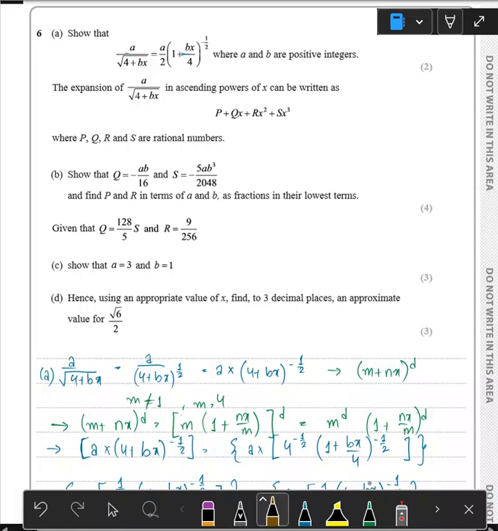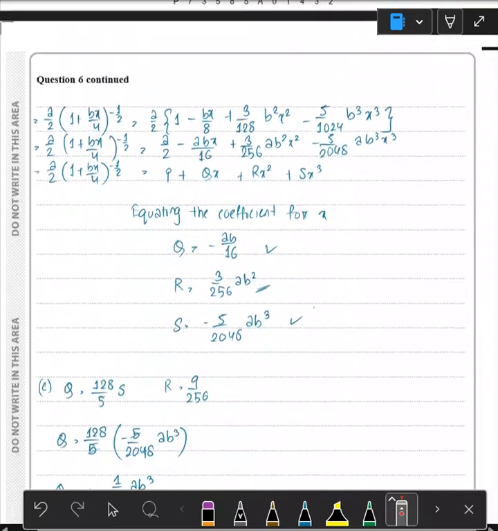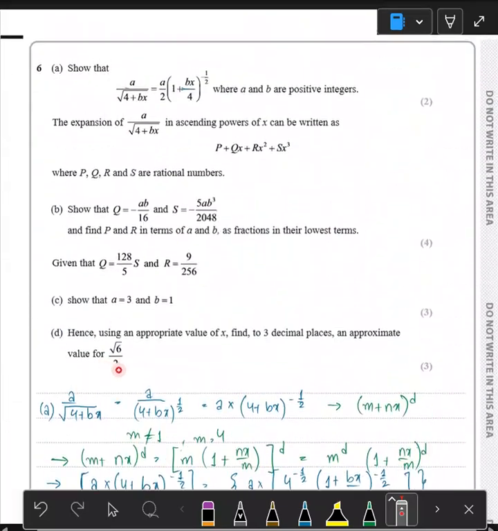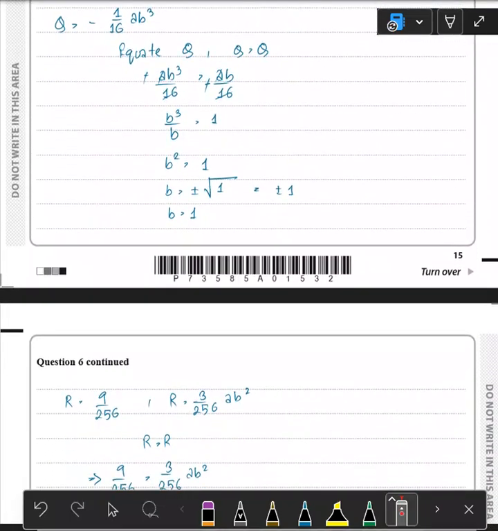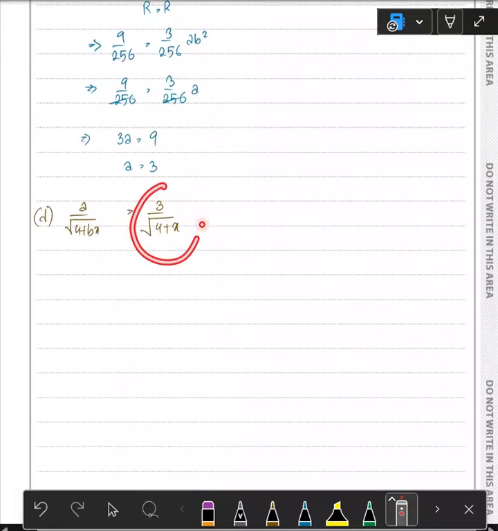To find the value of this, you can't just put this in your calculator. The process is that first you have to make this look alike to this.